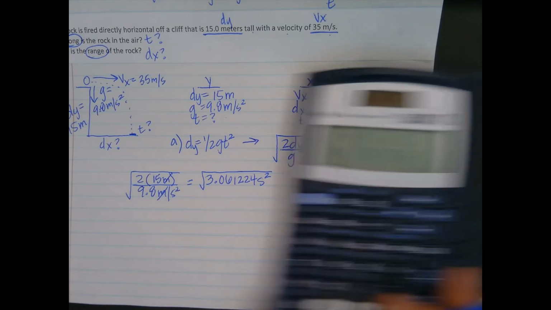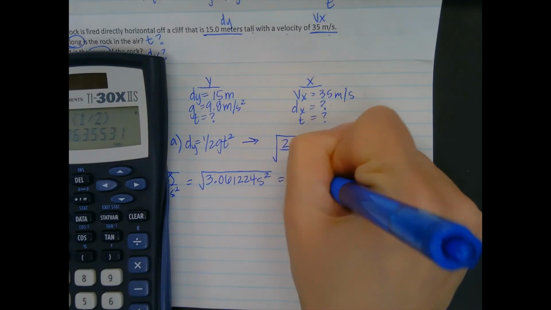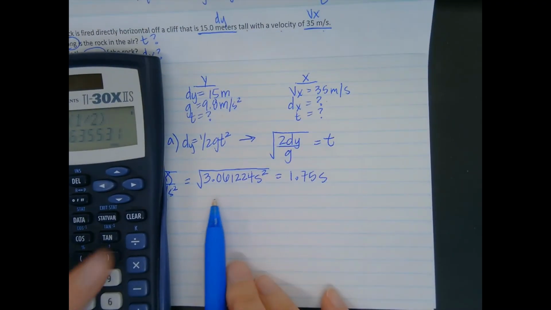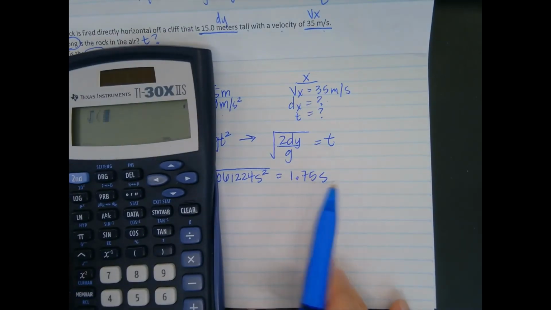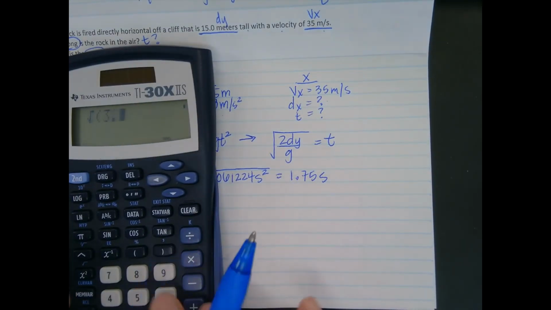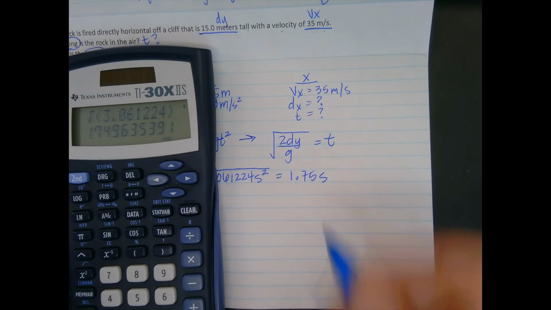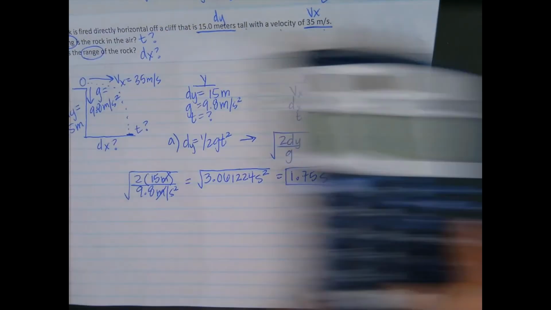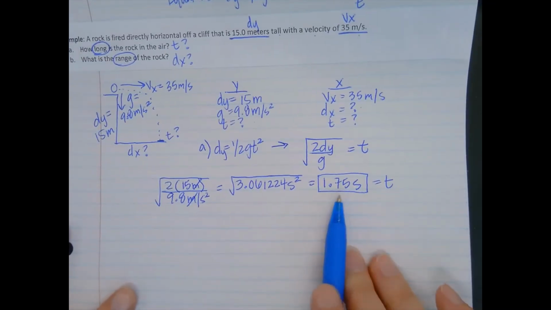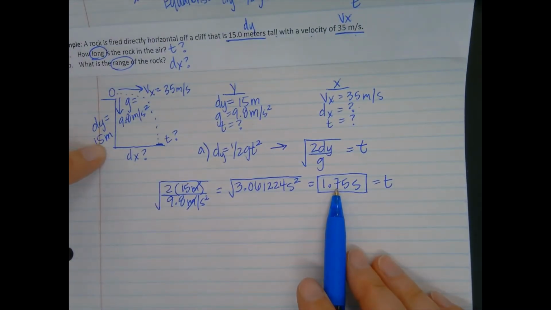So what I would end up with here is 1.75 seconds. So you could also do second square root 3.061224, and there we go, 1.75 seconds. So this is t. So this means that it took 1.75 seconds for this rock to fall off this cliff.